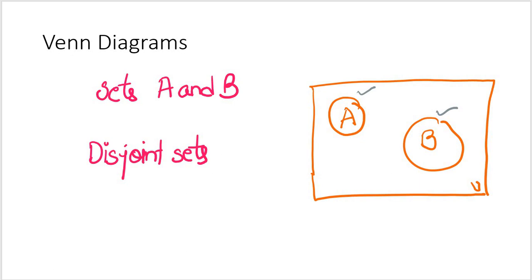We are using this square box to represent the universal set, or the universe of discourse. Since these two sets are disjoint, that means I have no common element.